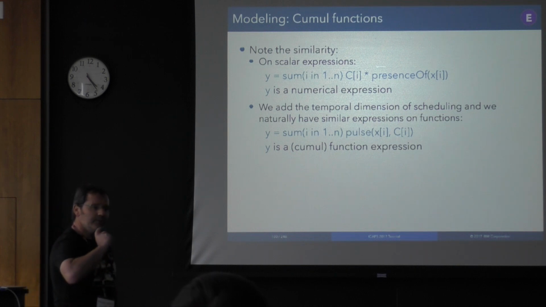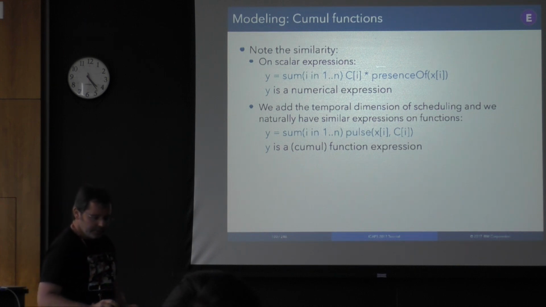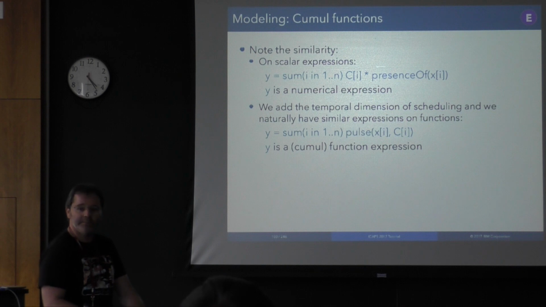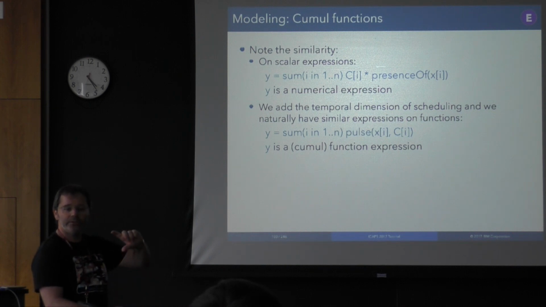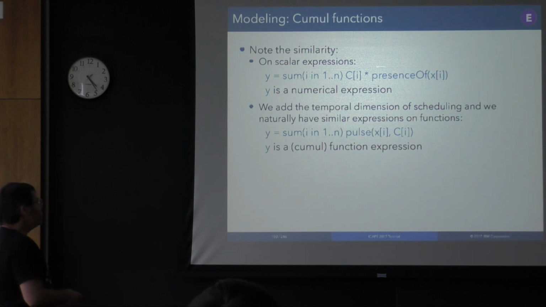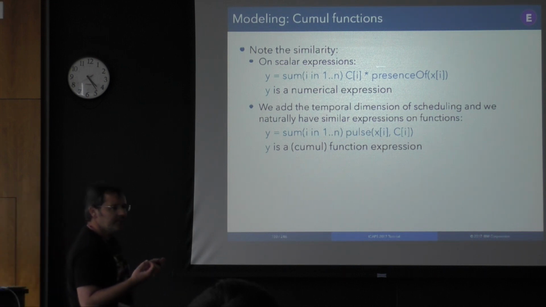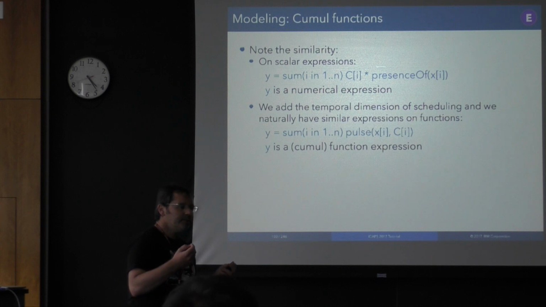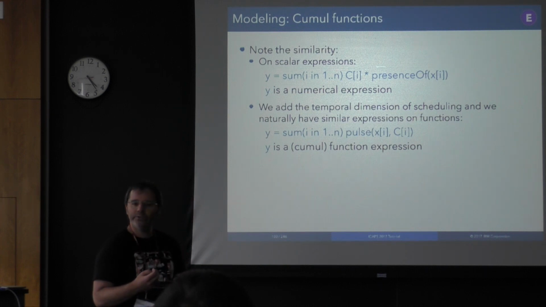Suppose, and we will see it on an example, you want to model the multimode RCPSP. You have two types of resources, renewable resources and non-renewable resources. A non-renewable resource is something like money, for instance, that you use for executing the activities, but it's never returned. The activity consumes it.